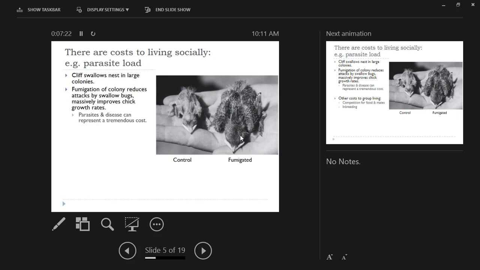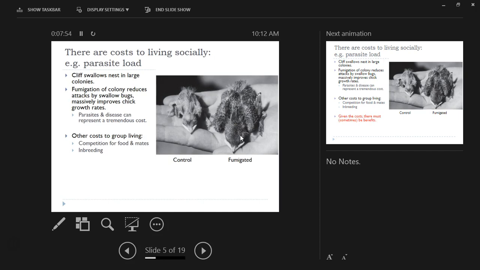So this is what happens if you allow these chicks to develop without a parasite constantly depleting them of their resources, because there are a lot of these bugs constantly sucking their blood. This individual takes longer to develop adequately to get to the point that this one got to much more quickly, because it's not losing its resources. So parasites really can have a dramatic effect, and disease certainly can too, in terms of development of these organisms.